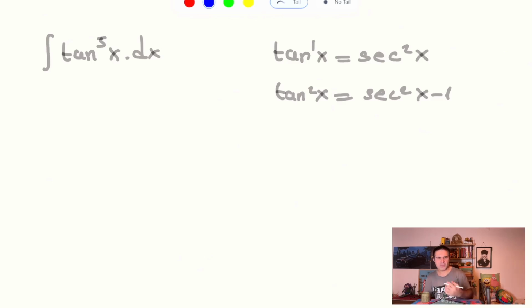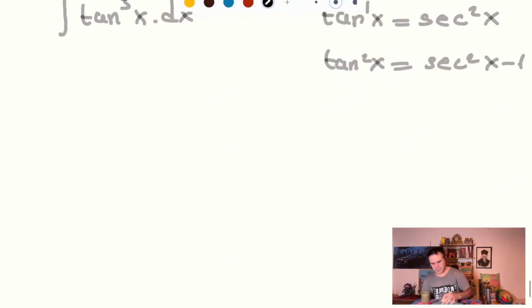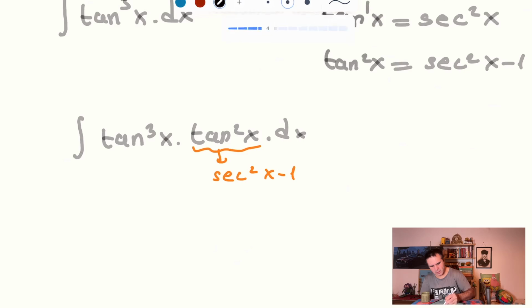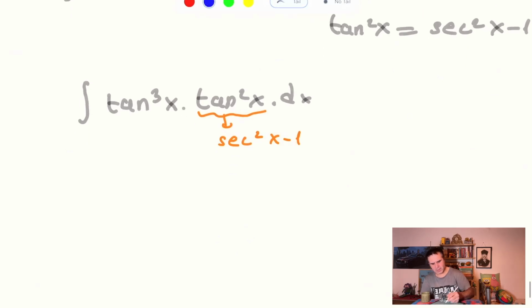Let's see how we simplify the integral. Tangent to the power of 5x, I can write it as tangent cube x times tangent square of x dx. Since we know that tangent square of x is equal to secant square of x minus 1, I can write secant square of x minus 1 instead of tangent square of x.